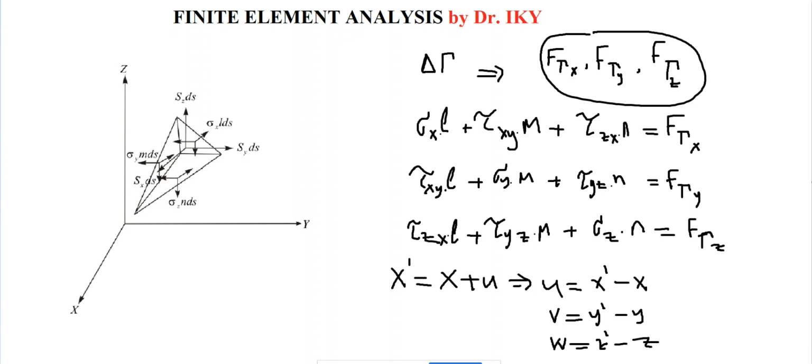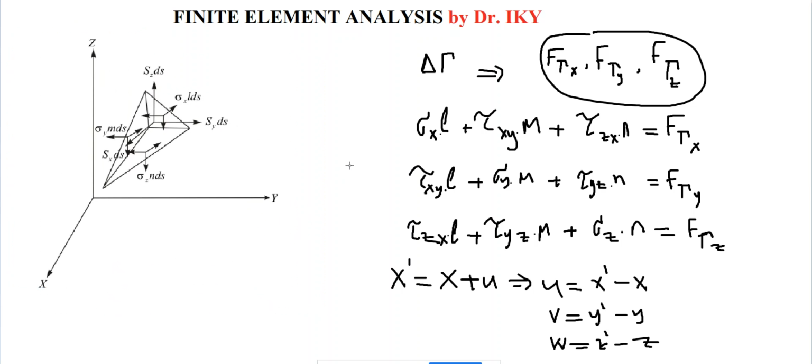So after that, we will get these equations. Let me write here. For the epsilon x, we can write du over dx. For the epsilon y, you will get dv over dy.